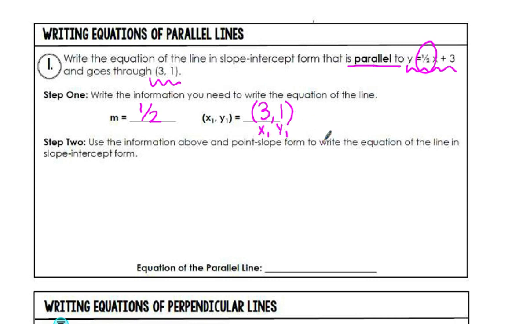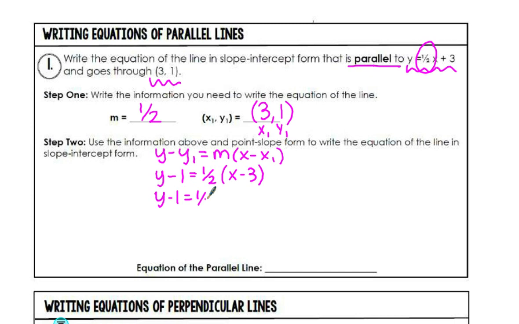Now I have a point and I have a slope. What are we going to use? Point-slope formula. Yeah, we are. So write kind of tiny, I know y'all don't have a ton of space. I'm going to have y minus y1 equals m times x minus x1. And that's just our usual from here. We're going to distribute on the right, minus 3/2. And then I'm going to add 1 over here.